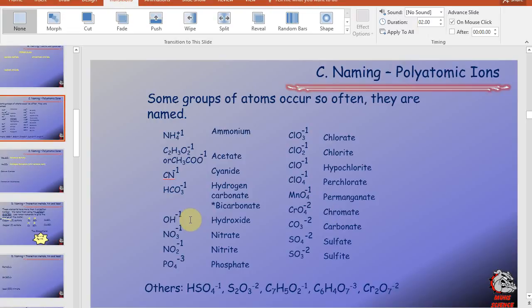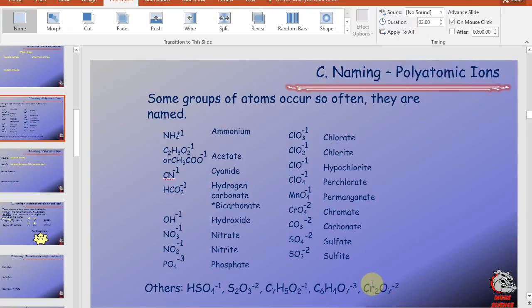Down here at the bottom in your notes I have some other ions that come up quite often. This is hydrogen sulfate, HSO4. S2O3 is, I think, thiosulfate. And C7H5O2 with a -1 charge is benzoate. C6H4O7 is citrate.